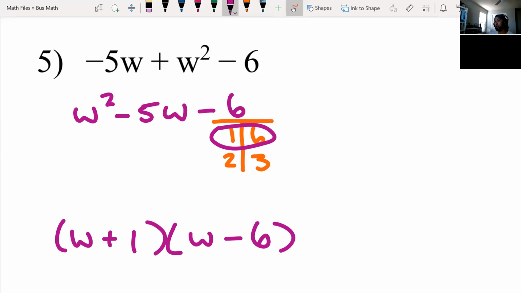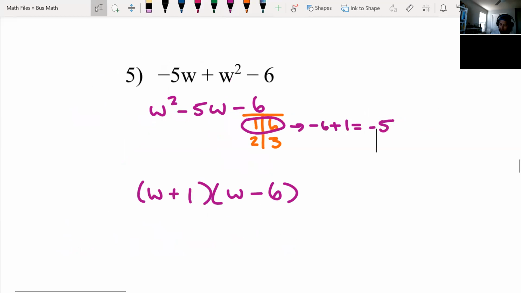So just another play on words in factoring. Maybe that takes a little bit of thinking, but it's a fun way to say it. Other than that, you would write it out as negative 6 plus 1, which would give you negative 5. Okay. We're moving.